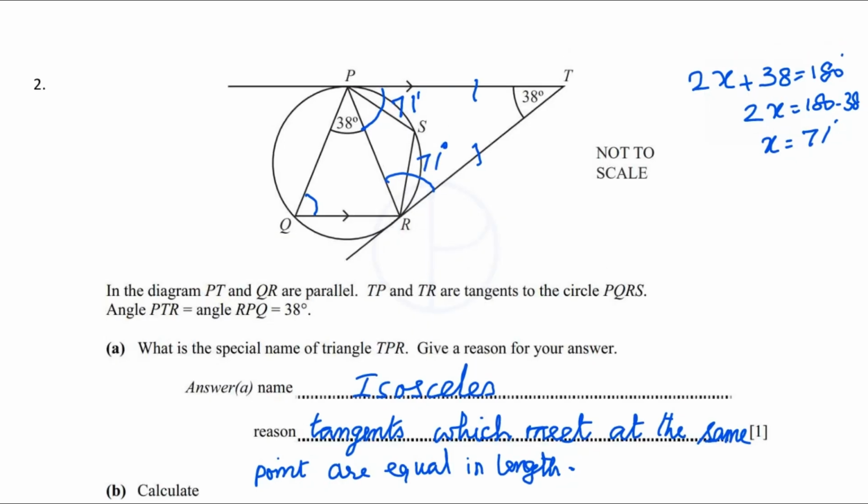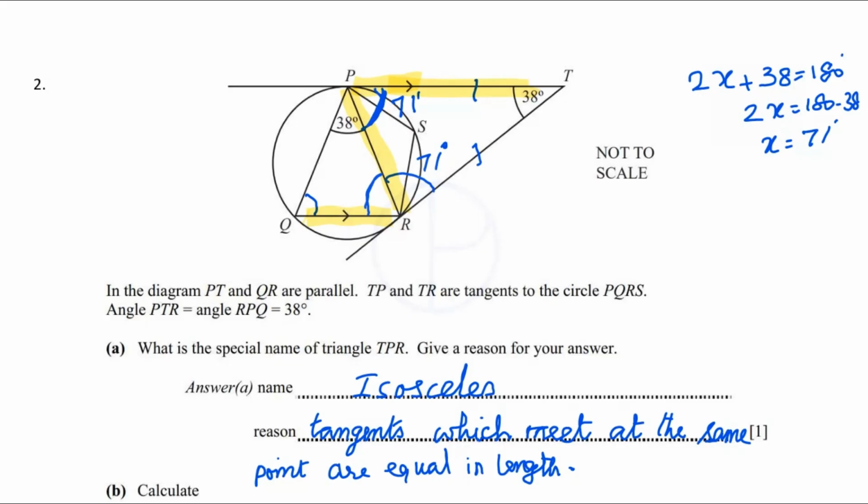It is given that PT and QR are parallel and PR is a line which cuts across these parallel lines and creates two equal alternate angles. Here TPR and PRQ are the alternate angles.